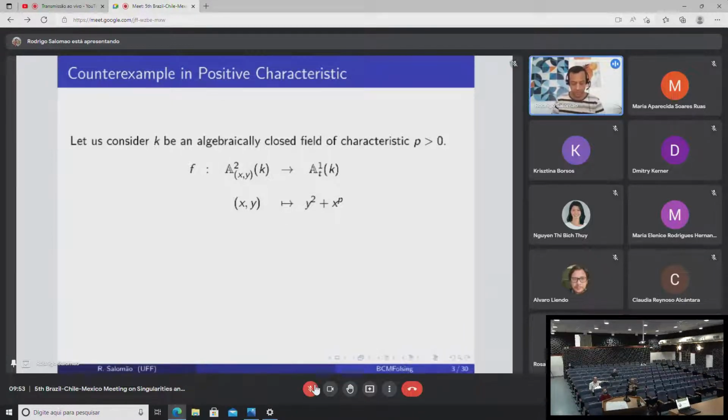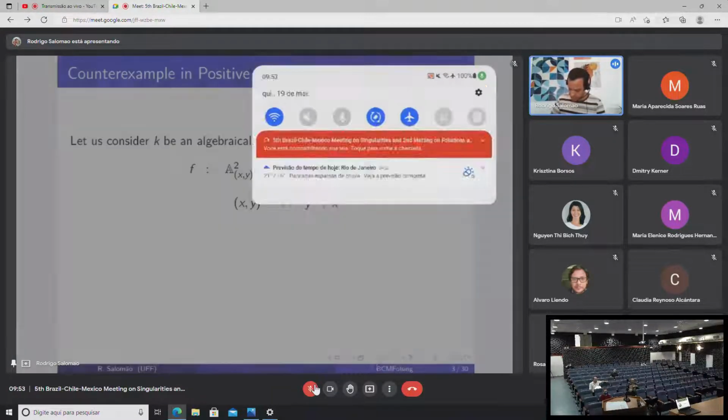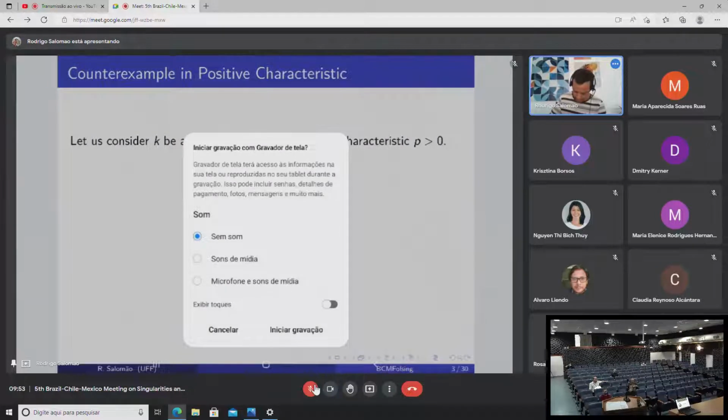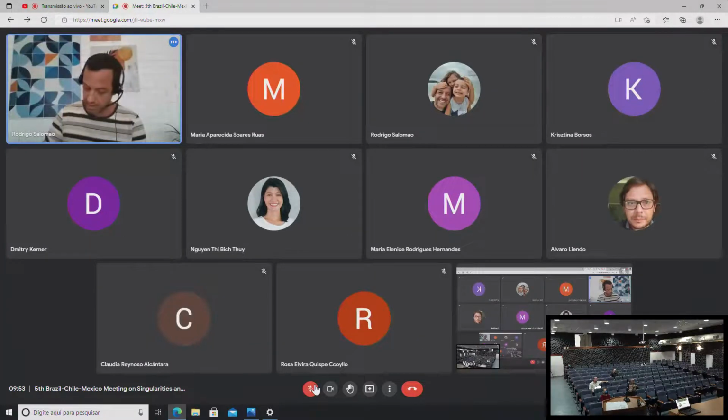So let K be an algebraically closed field of characteristic p, and a map from the affine plane. Let me just put here a pointer. Sorry. Oh, now I have a pointer here.